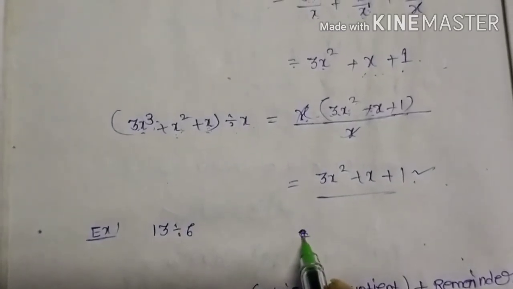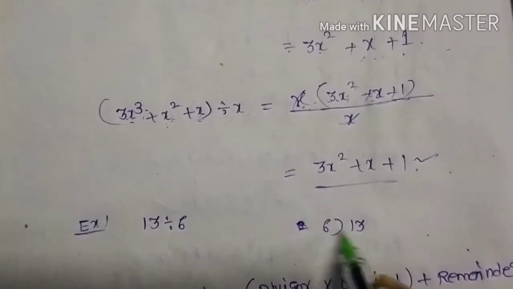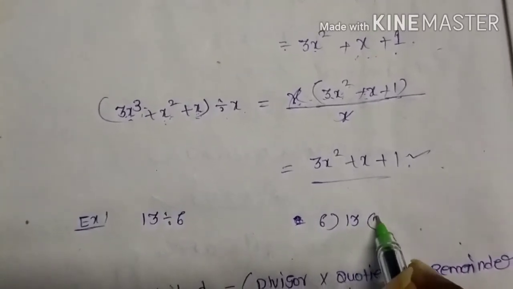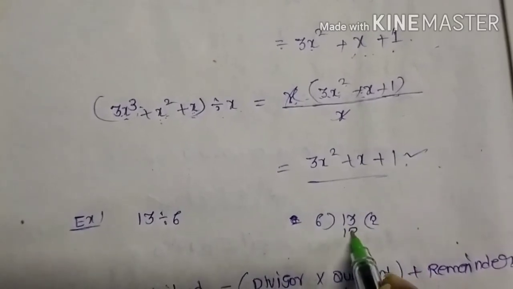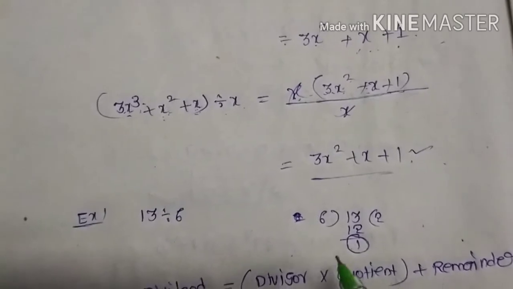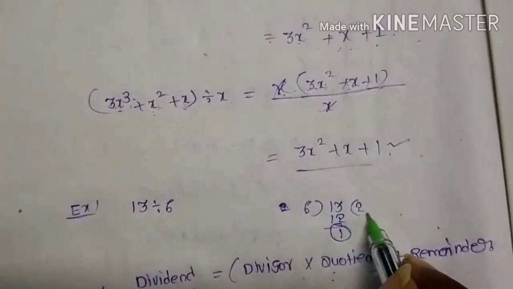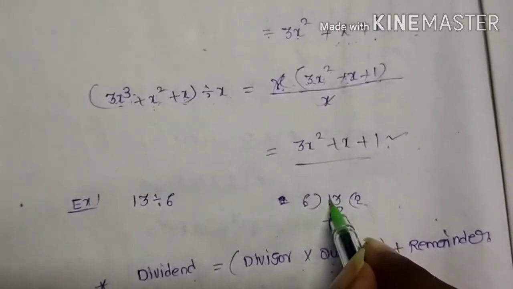How can you do it? See here 13 by 6. 6 ones are 6. 6 twos are 12 or not? Yes. 6 twos are 12 means how much is the remainder? 0, or sorry, 1 is the remainder. Here 1 is the remainder. 6 is the divisor. 2 is the quotient. 13 is the dividend or not?